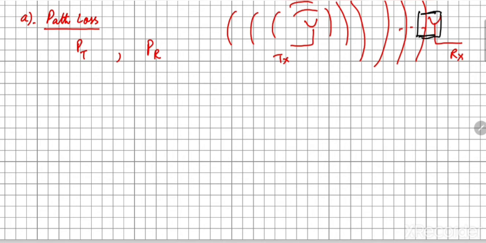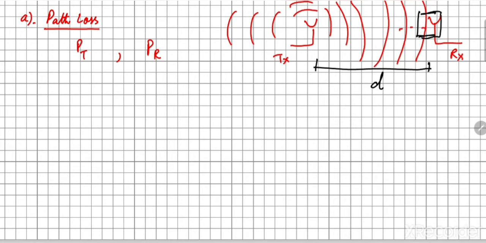How much is captured depends upon the size of the receive antenna as compared to the size of the sphere that is formed at this distance d centered around the transmitter.